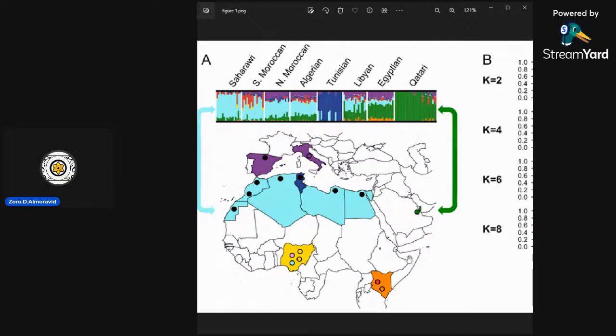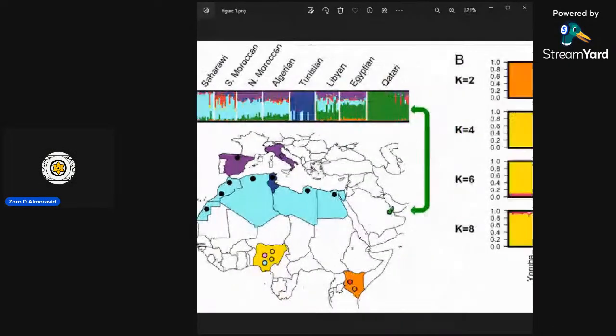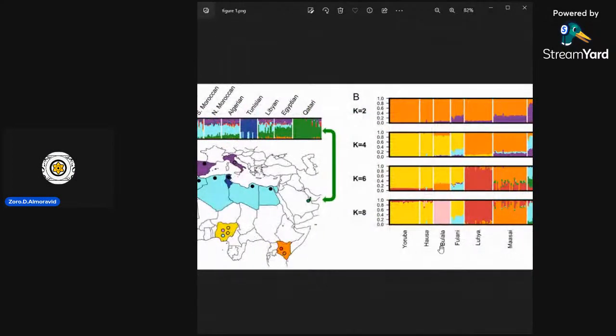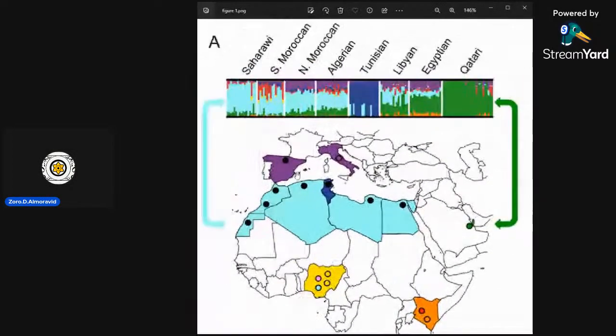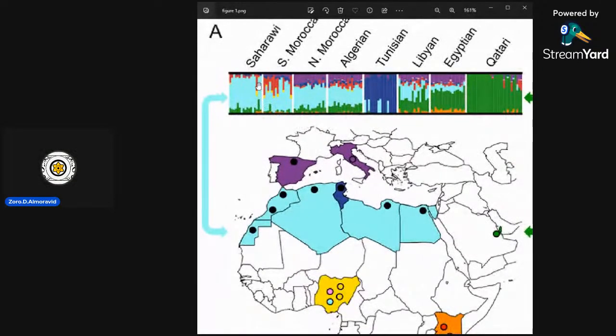And as we can see here, the autosomal markers, we can see some... where is the Yoruba? As you can see, Sahrawi, Yoruba here, due to the genetic approximation.